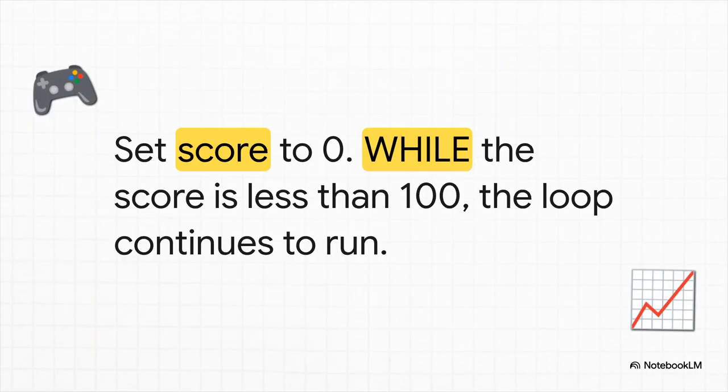A perfect example is a video game score. The code basically says, while the score is under 100, keep the game going. Makes sense. But here's the trick. What if the player's score is already, say, 105? Well, our strict gatekeeper checks that score first, sees the condition as false, and just skips the loop entirely. No action needed, so none is taken.